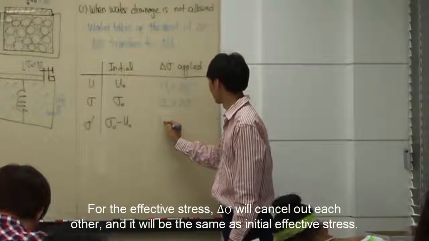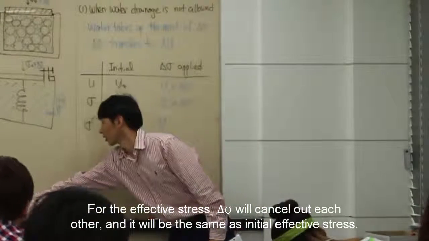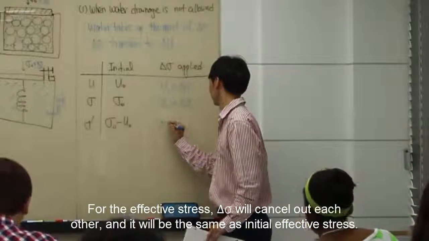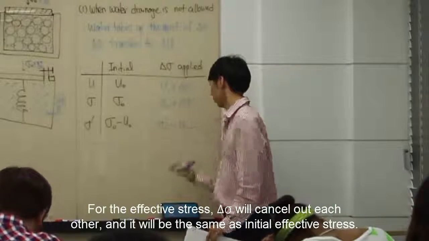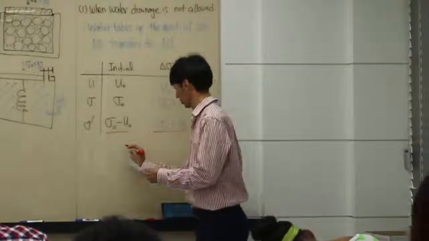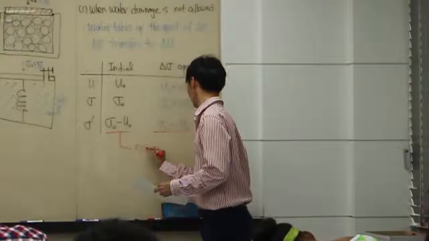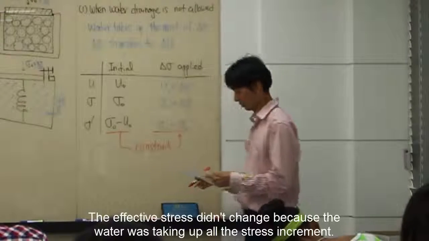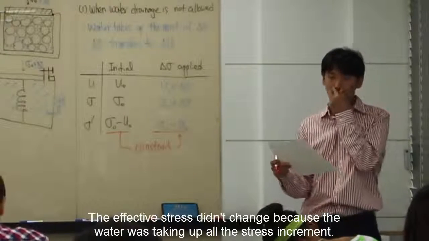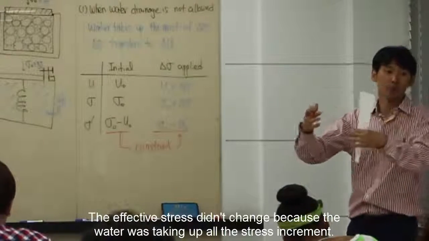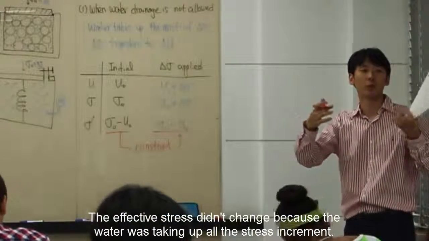So you have sigma naught minus u naught. So the effective stress didn't change, it stayed constant, because the water pressure was taking all the stress.